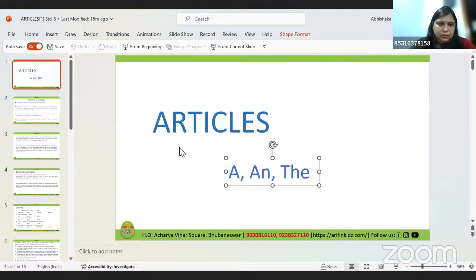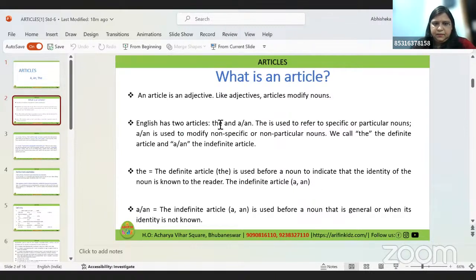So what is an article actually? Earlier we have already studied this, and we knew this as a modifier, right? Most of you know this as a modifier, isn't it? But do you know what exactly an article is? Article is an adjective. Why is it an adjective? Because you might be knowing adjectives. What do they do?